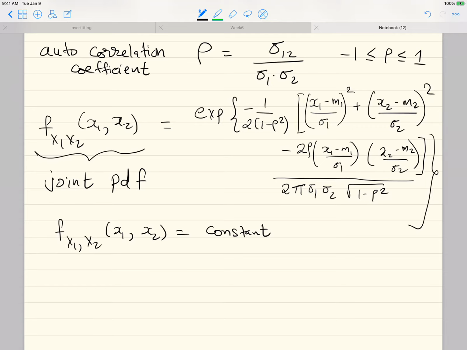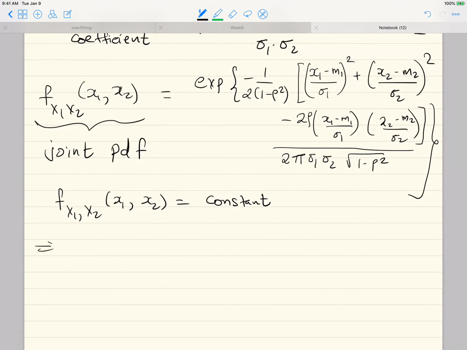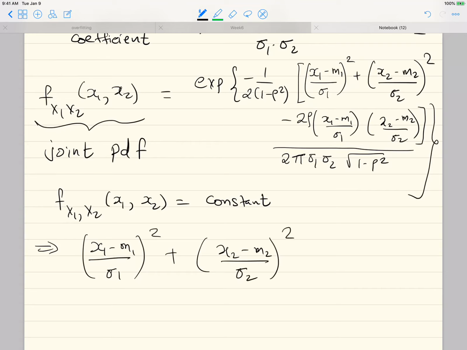So this is equivalent to saying that ((x1 minus m1) divided by sigma 1) square plus ((x2 minus m2) divided by sigma 2) square minus 2 rho ((x1 minus m1) by sigma 1)((x2 minus m2) by sigma 2) is a constant.